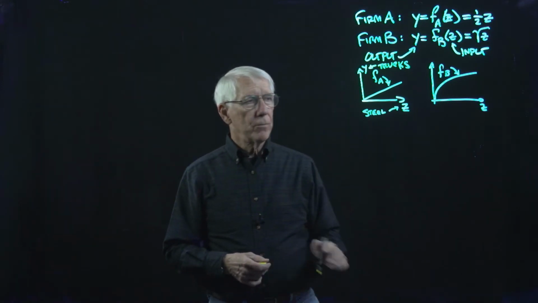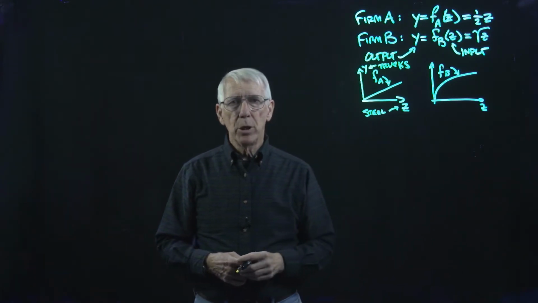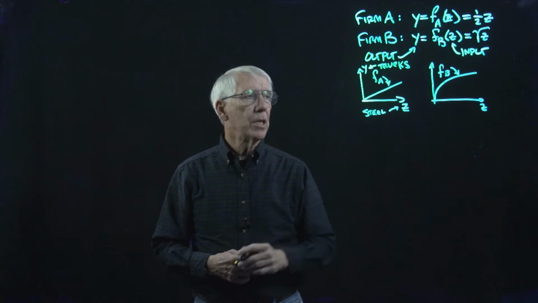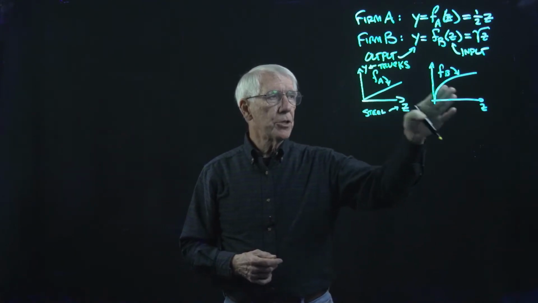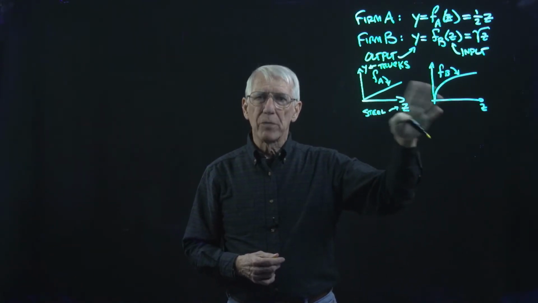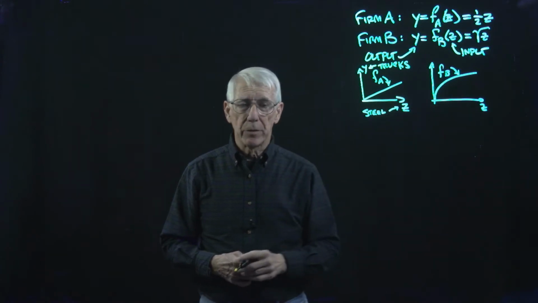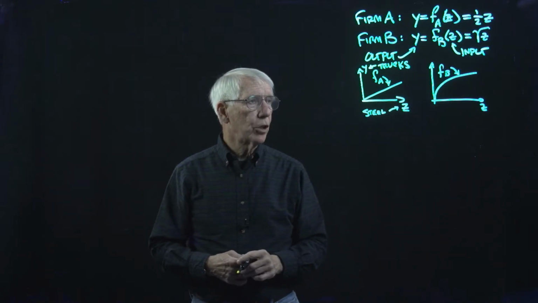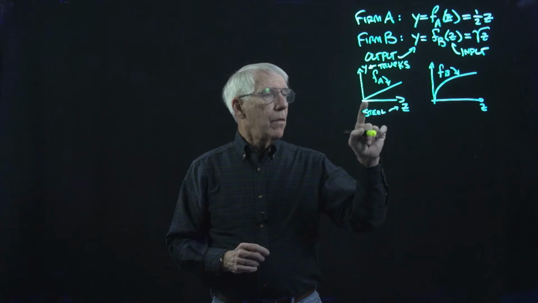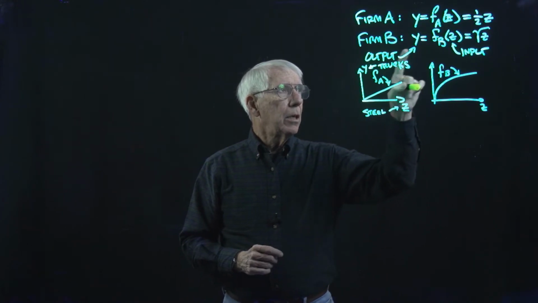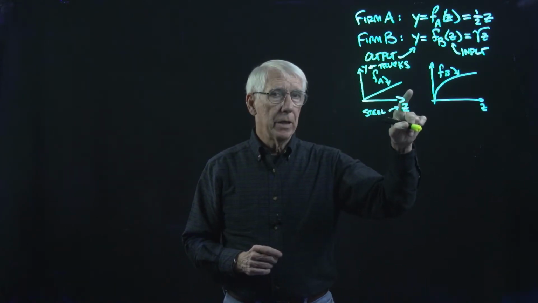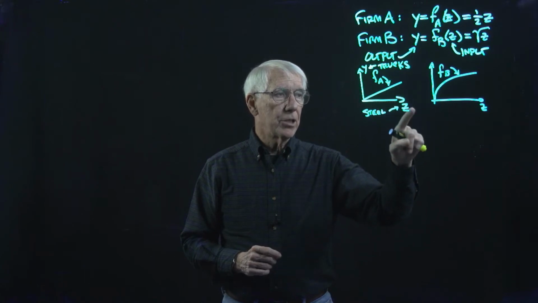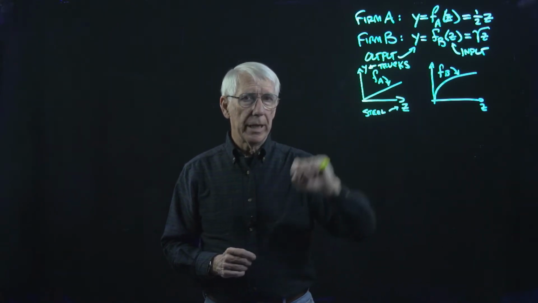So each of these firms uses steel as an input to produce trucks. But each firm produces them using a different production process, and that's why we have different production functions for the two firms. This is the story that we have if we have a single input and a single output.